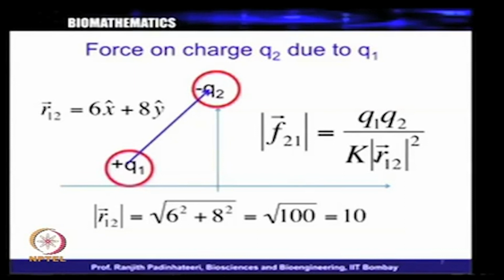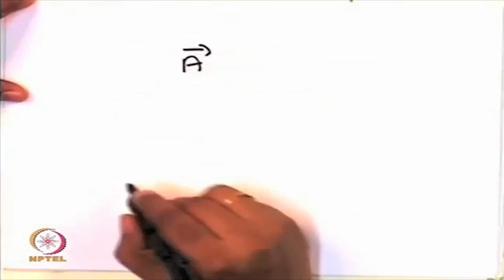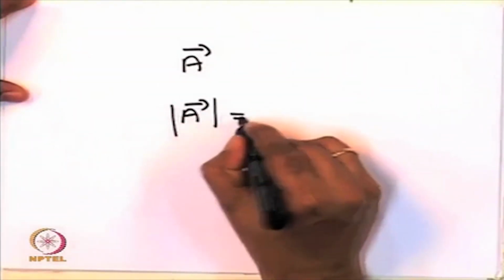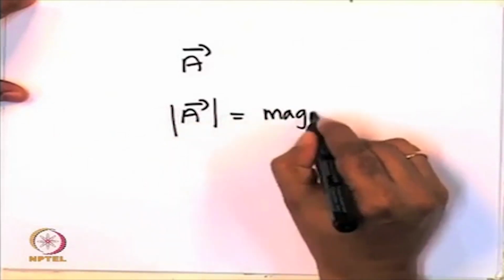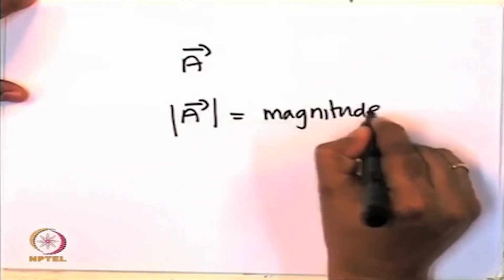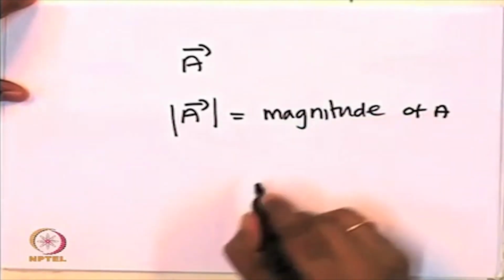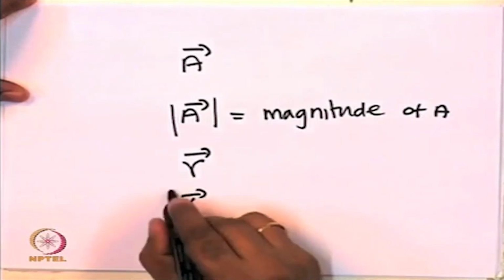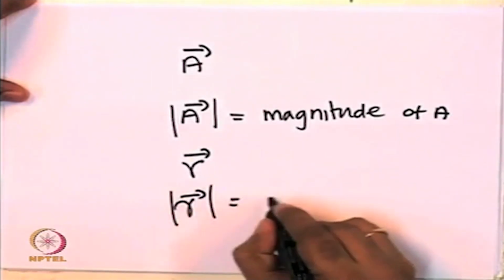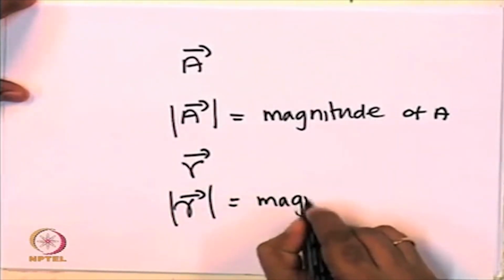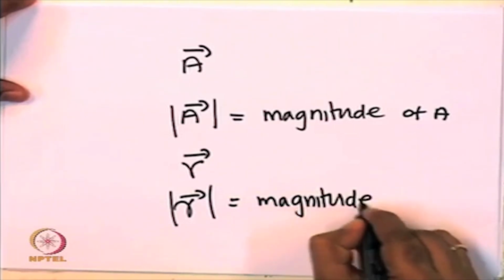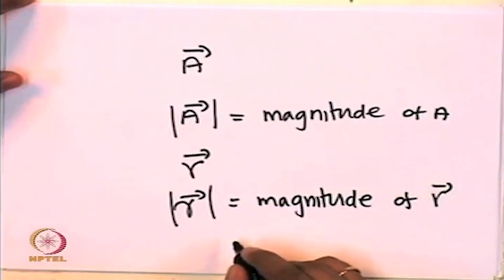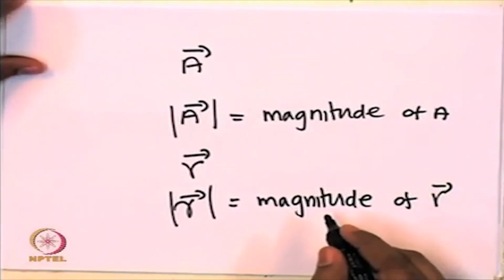When you say A is a vector, and if you say mod A, this means the magnitude of A. Or, like R is a vector, and if you say mod R, this is the magnitude of R. Or, if this is a vector, it is a distance vector like we had.